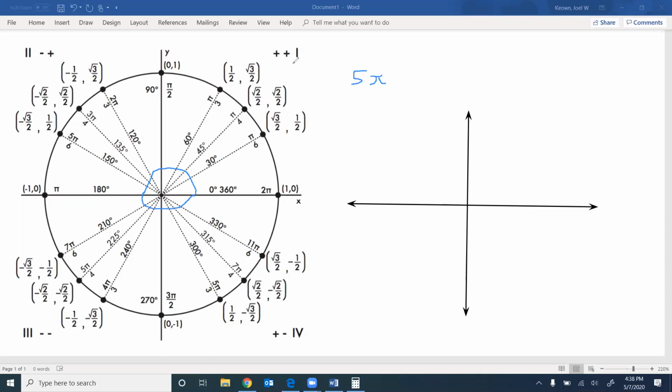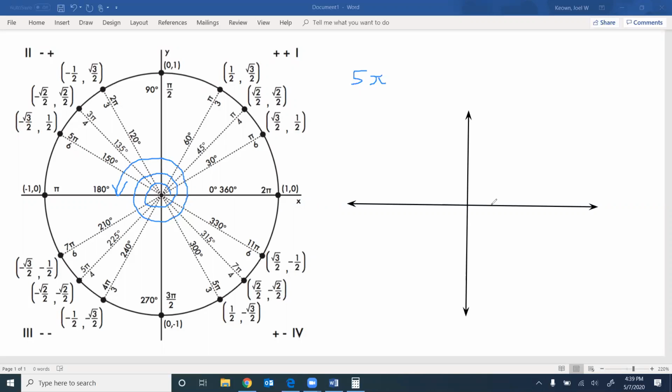So if I'm going this way, that's 1 pi, 2 pi, then 3 pi, 4 pi, and 5 pi, because really each pi is just 180 degrees. So I'm doing 180 degrees 5 times.